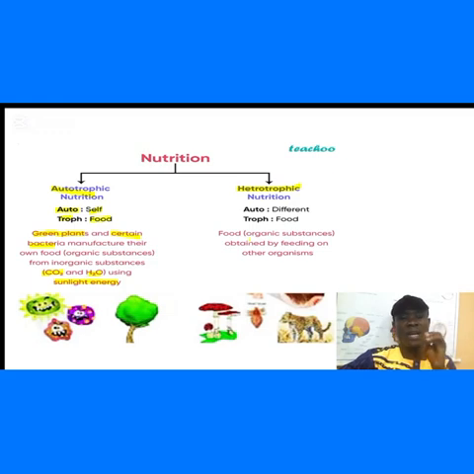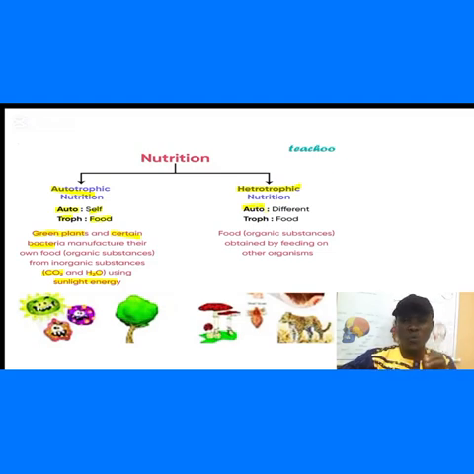Let's talk about heterotrophic. The hetero, although what we have on the slide here is auto, the hetero means different. That means it is different from what we have in autotroph. As we say, in autotroph, they produce their own food from inorganic substances.